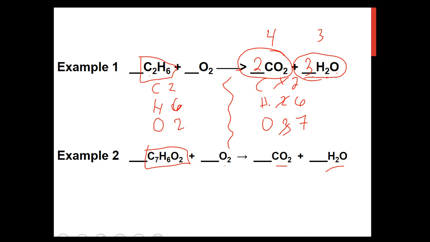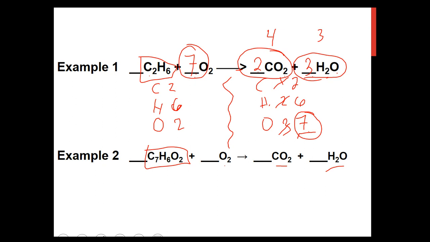So this is how it works. So see how on the right I have an odd number of oxygens? So what you do is you take this number and you plop it right here in front of the O2. Now I'm going to circle it so that you remember not to touch it for what I'm about to do. So again, you take that odd number, you plop it in front of the O2.